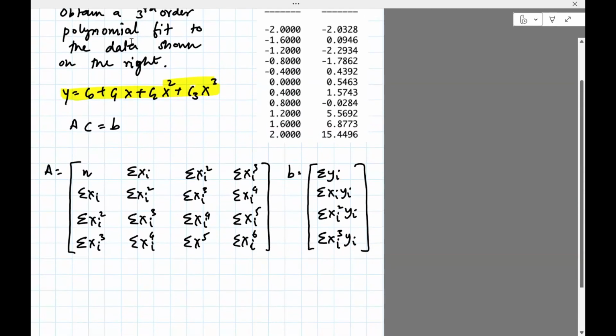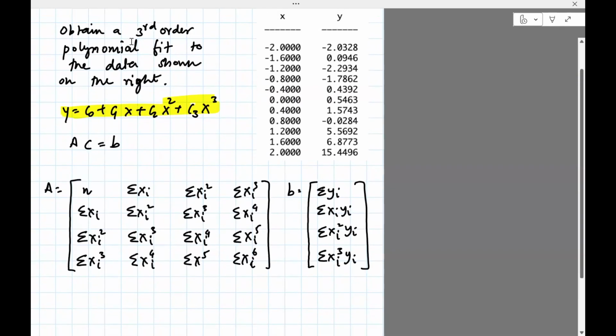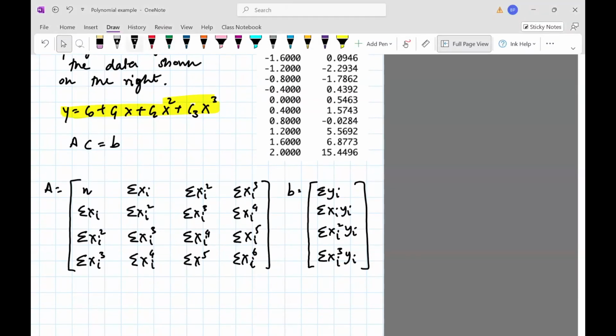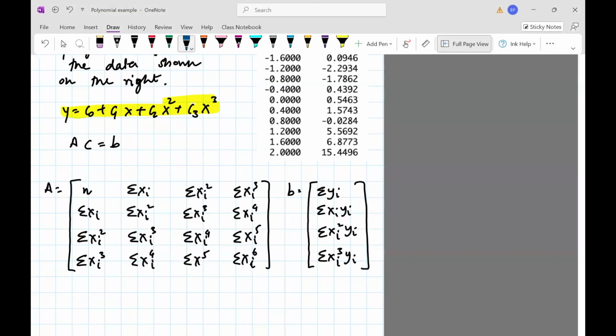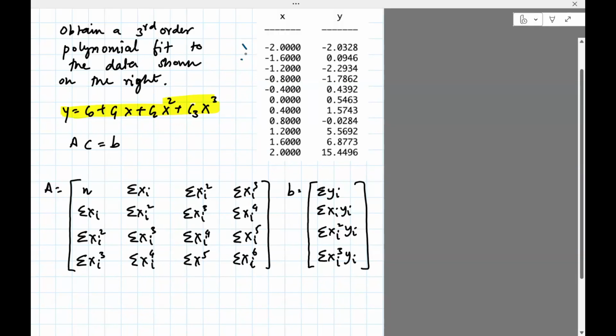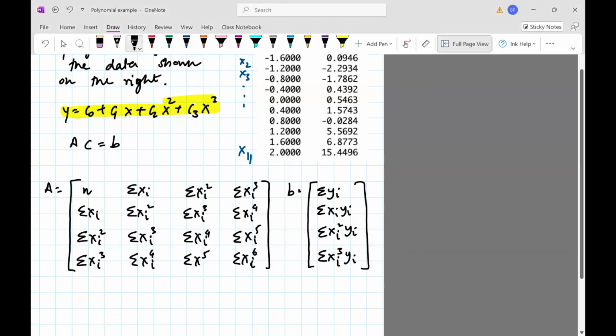Okay, so to find all these things, these are essentially your x1, x2, x3, so on till x11. So for example, to find summation, n is 11, so you could put 11 here.